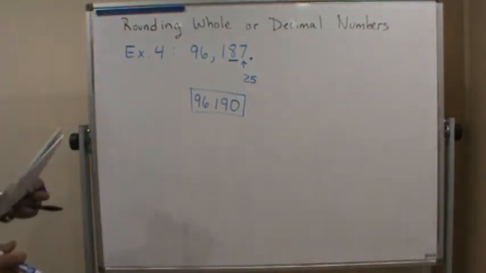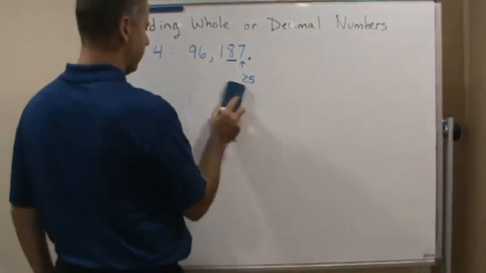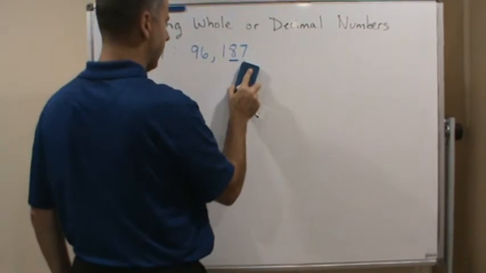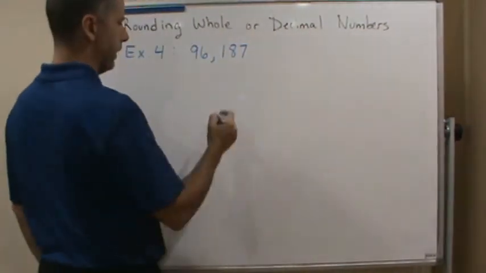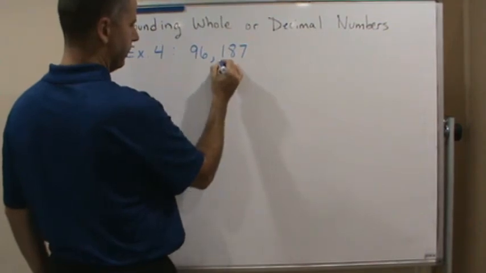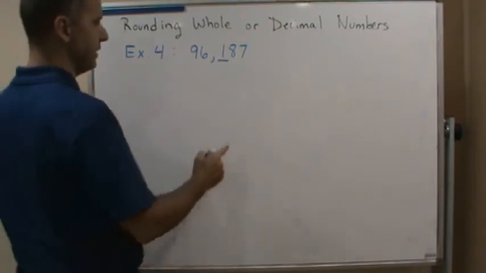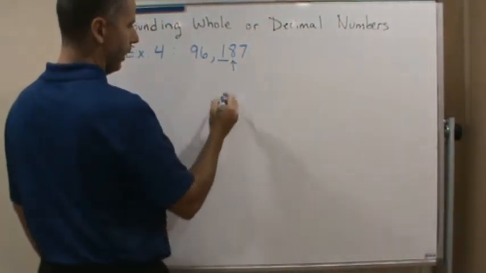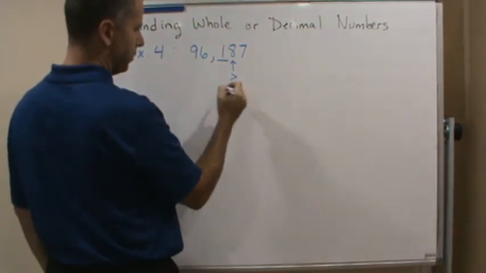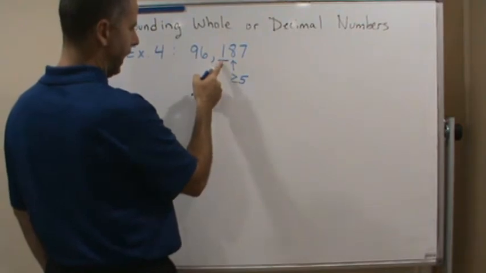Now what if we wanted to round to the nearest 100? Now we're going to focus on the hundreds place. That's where we want to round. So we're going to look at the digit to the right, and this is greater than or equal to 5. That means we're going to add 1 to this number.